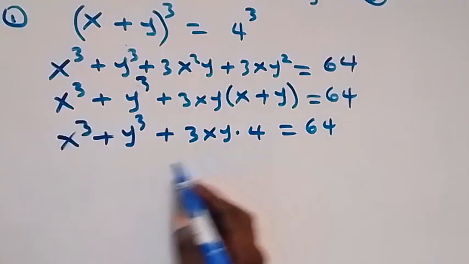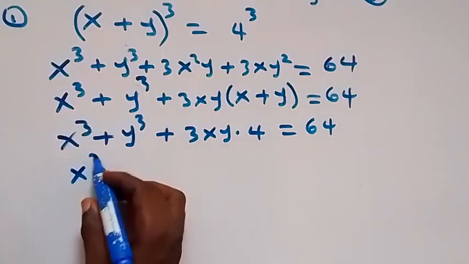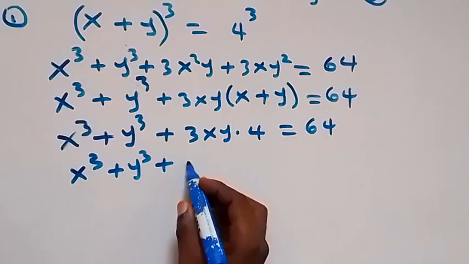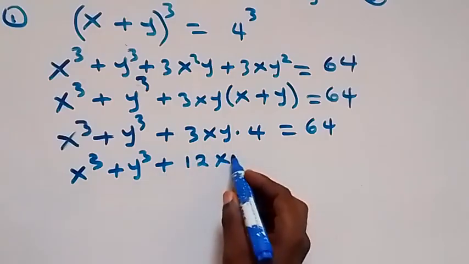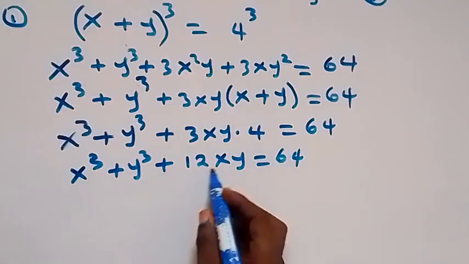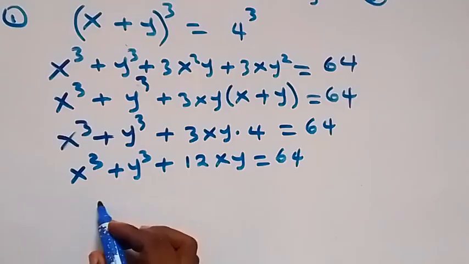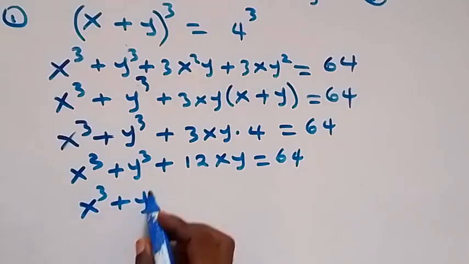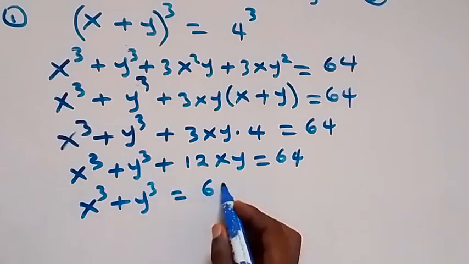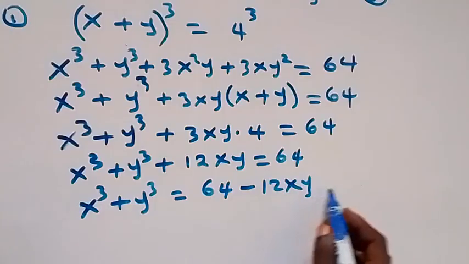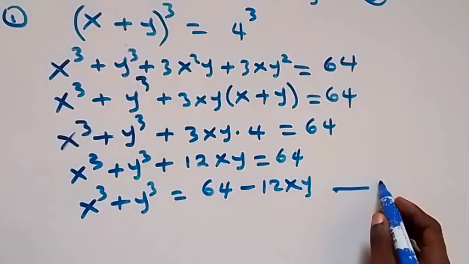Then 3 times 4 is 12, so we have x cube plus y cube plus 12xy equals 64. Let's take 12xy to that side, becoming minus 12xy. So we have x cube plus y cube equals 64 minus 12xy. Let's label this as equation 4.